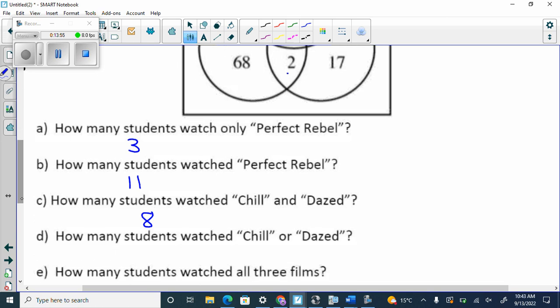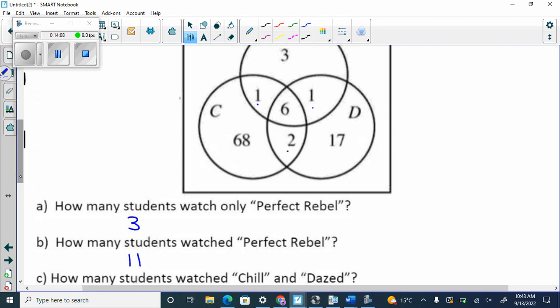Chill or Dazed. Or is what shape, guys? Or is what shape? The U. It's also what shape on a Venn diagram? Snowman. So let's find the Chill or Dazed snowman. Start counting.